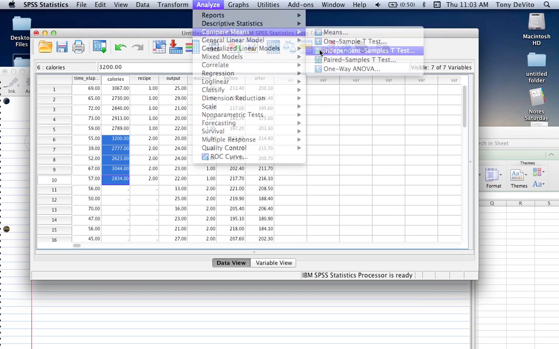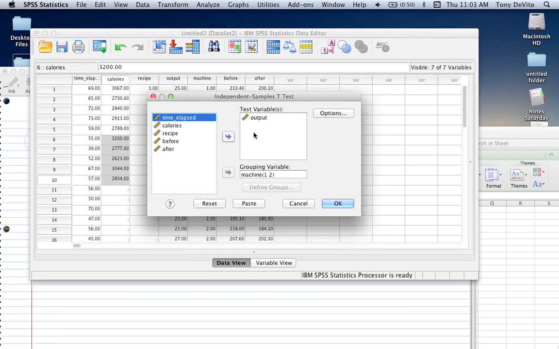Independent samples. Okay? And I'm going to say to myself, well, gee, what I'm comparing here is the calorie count, the average calorie count, but I want to compare recipe one versus recipe two. Notice now it has a couple of question marks in here. It wants to know, how did you define recipe one and two?